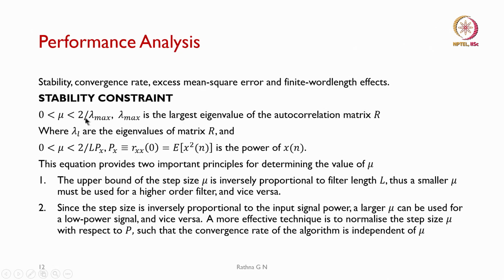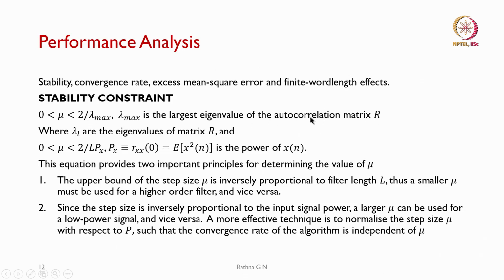Otherwise, we could choose it arbitrarily, and then see what happens. We have looked at this in the lab. So, the mu value should be less than 2 by lambda max, the largest eigenvalue of our autocorrelation matrix R.